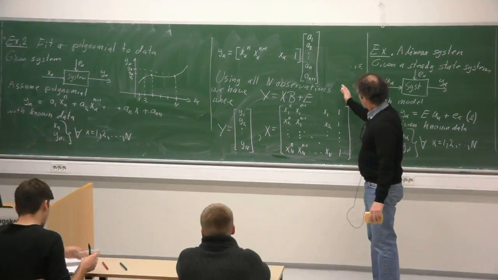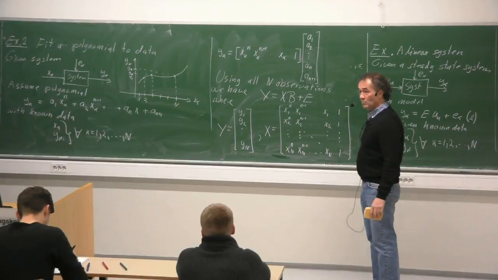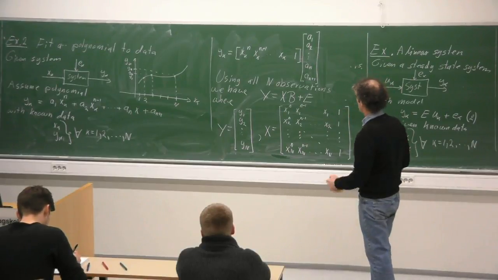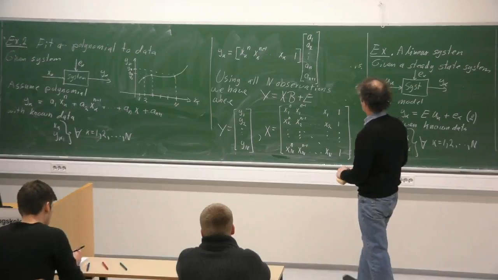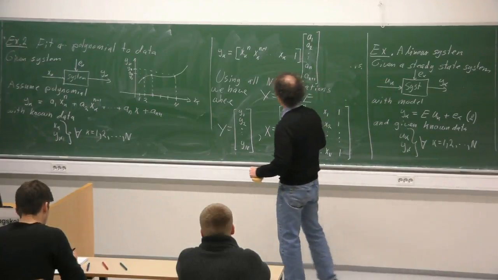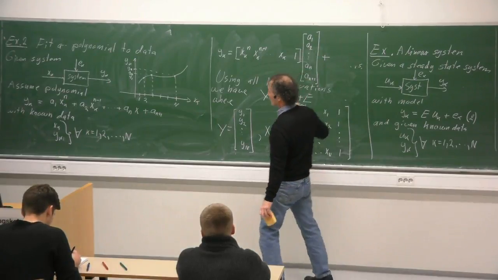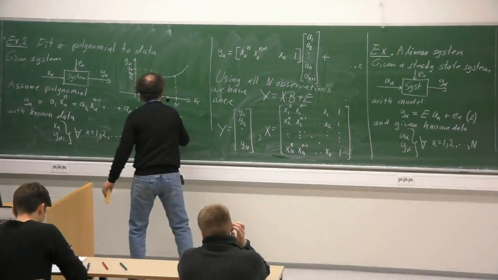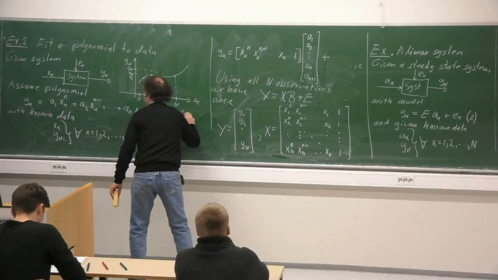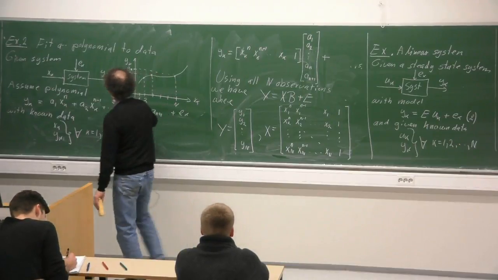So remember, there is this entire column with ones, and this error matrix is then simply some error here, plus e at time k.